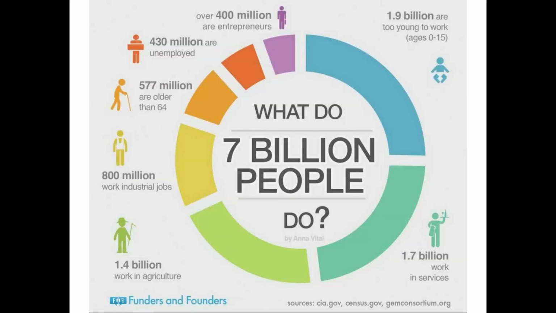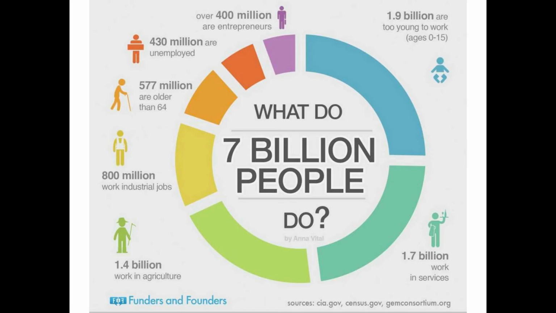Just see, total population in the world is 7 billion. Now what are these people doing? 1.9 billion people are too young to work, that is between the age of 0 to 15 years. And 1.7 billion are working, and 1.4 billion in agriculture, 800 million in industrial jobs, and 577 million are older than 64 like me. 430 million are unemployed and 400 million are entrepreneurs.